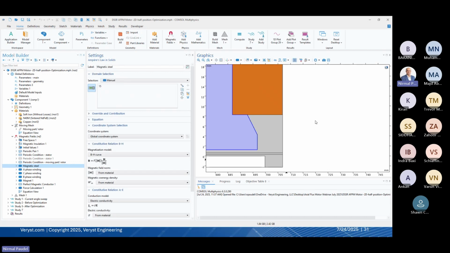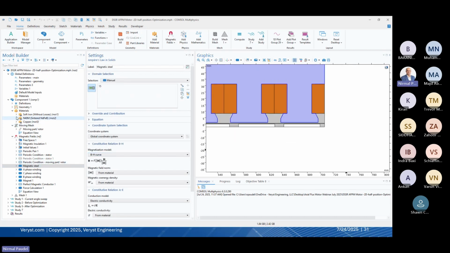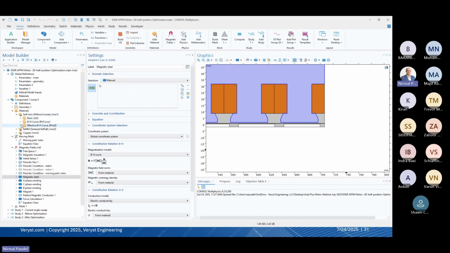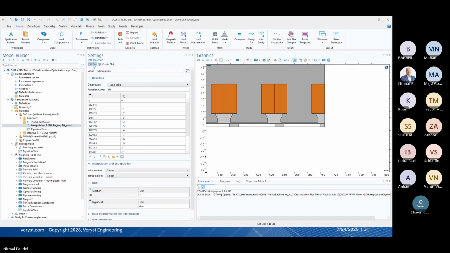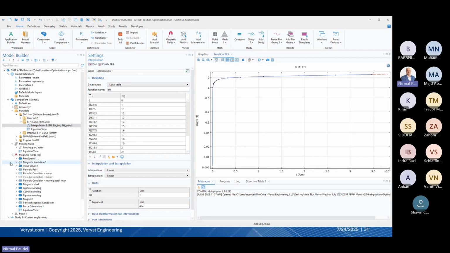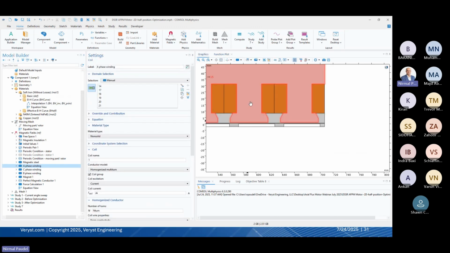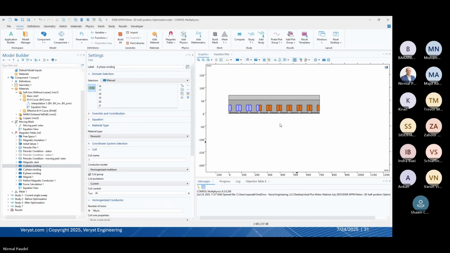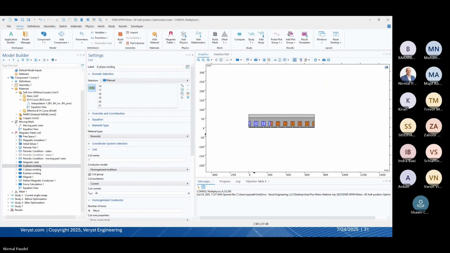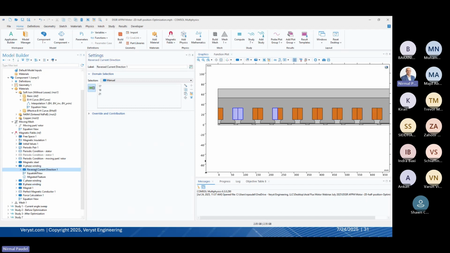So what we have here is the magnetic steel. We're applying the BH curve on it. This is what we use. This is also from the COMSOL library. And we have phase windings, phase A, B, C. Obviously, we have to have a reverse current on half of those windings.